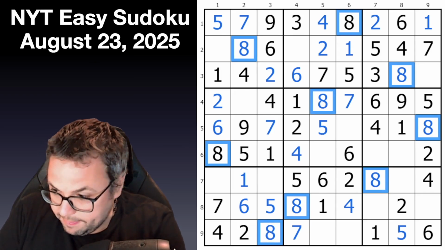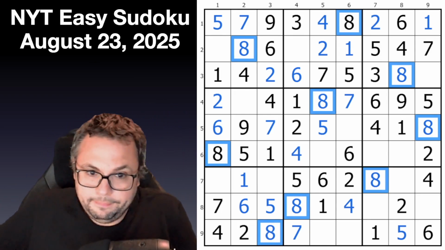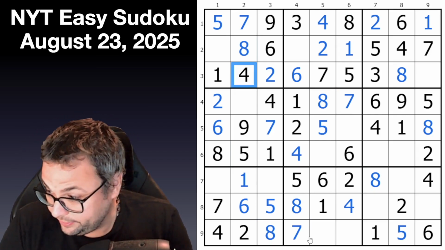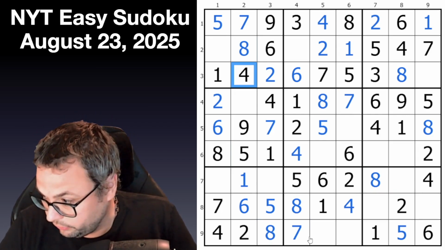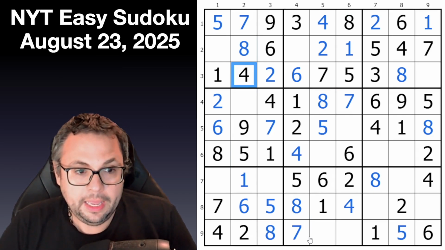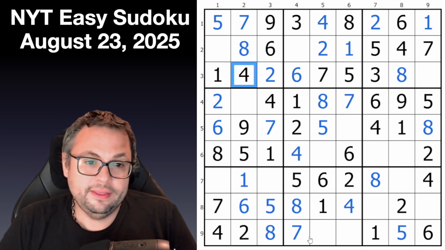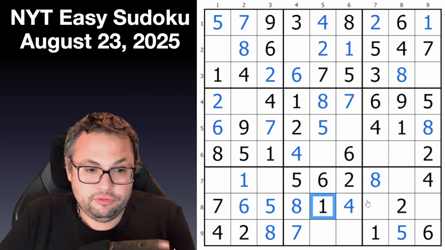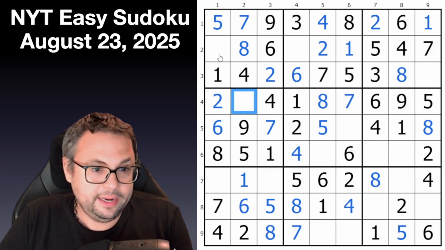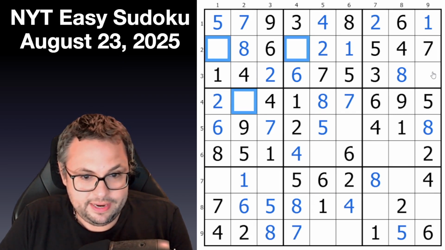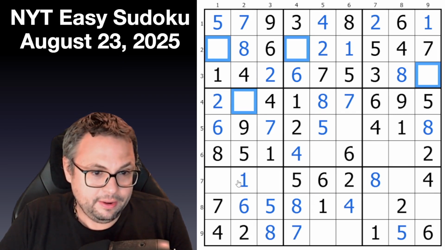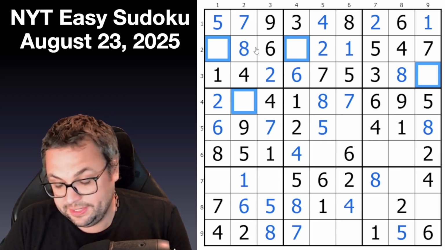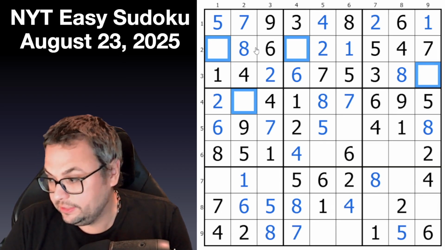Now, I mentioned at the beginning that you can fill in hidden singles and naked singles. So hidden singles is every single thing I've done in this puzzle so far. A naked single is a cell that sees all but one digit. And so one place that you should always look is any cell, like, in fact, any of these cells, where either every digit in its row, except for one, every digit in its column, or every digit in its box.